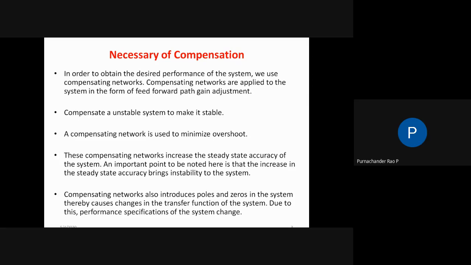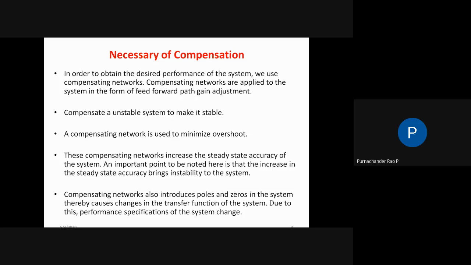Okay, increasing the steady state accuracy means it will reduce the steady state error, but it can bring in stability problems for the system. Normally, whenever we are interested in zero steady state error, the order of the system is increased, so a pole will be added to the system.